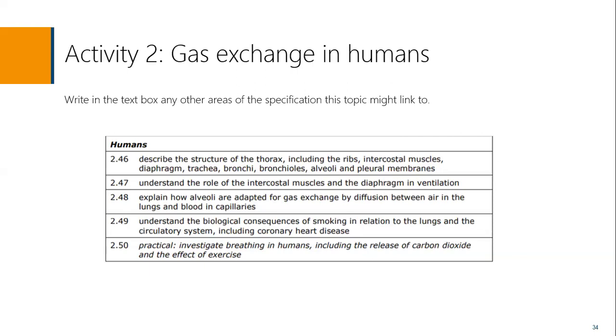The idea of linking it to the skeletal structure and to bone and cartilage is also very interesting, because obviously you need that to understand how the volume of the lungs changes. So there's many different links that can be made, and it is always useful as you are working through the specification to refer back to things that have already been taught and to make links.